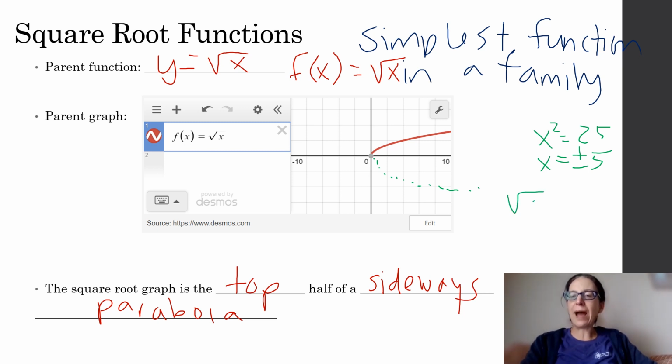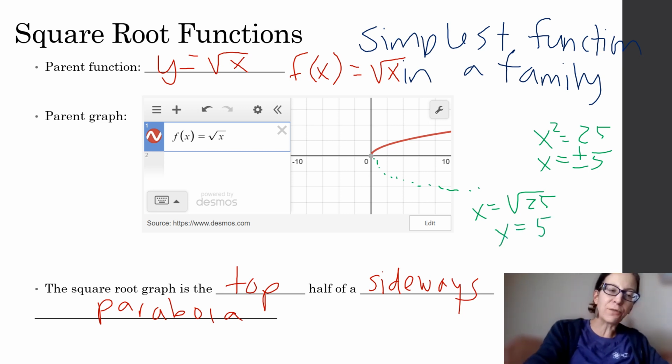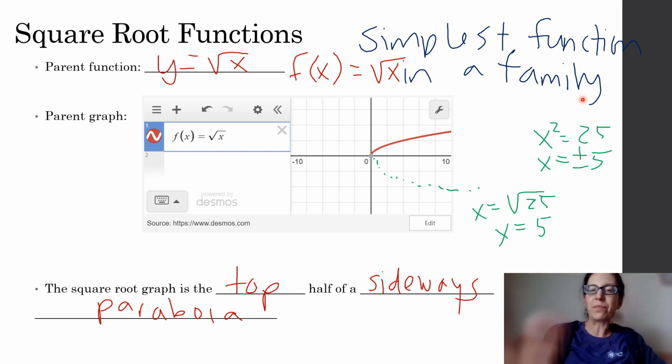But if you had x equals the square root of 25, then you would only get the positive. This is connected to why the graphs work the way they do.